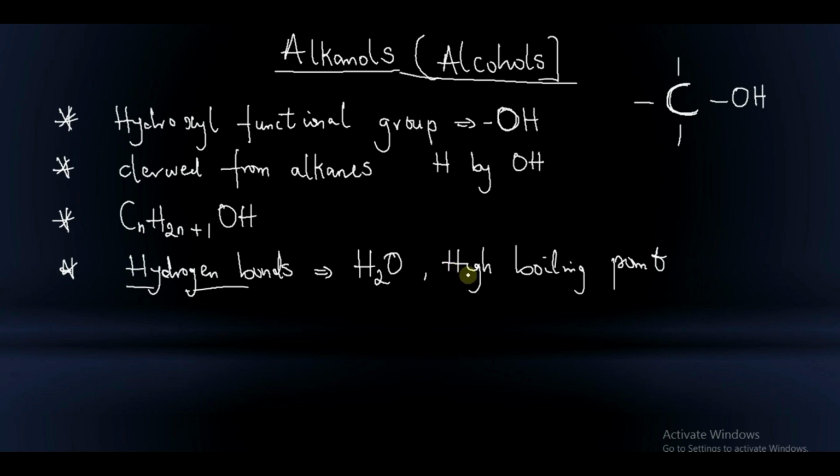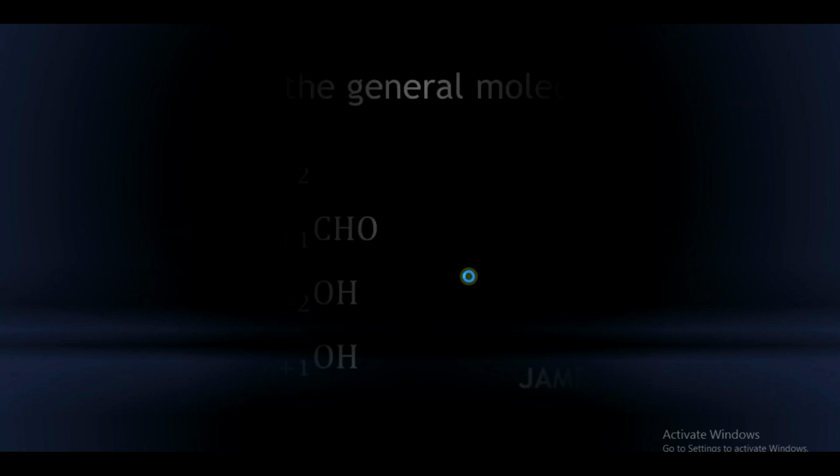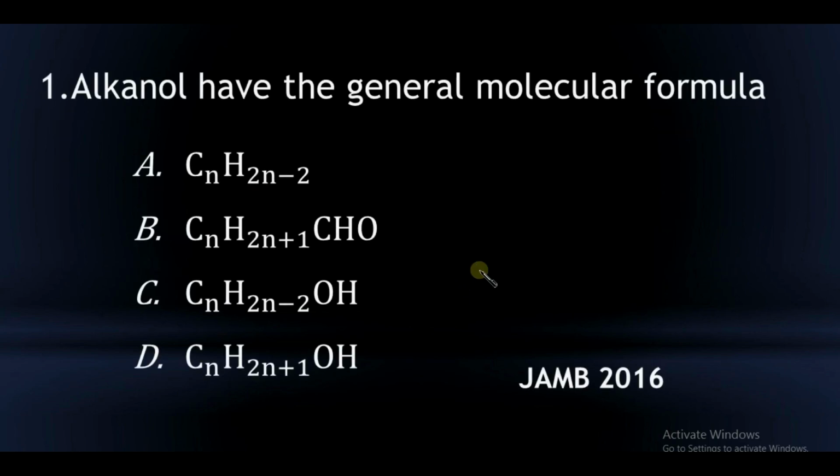So let's look at some JAM questions. This is a JAM question from the year 2006. Alkanols have the general molecular formula: A, CnH2n minus 2; B, CnH2n plus 1 CHO; C, CnH2n minus 2 OH; D, CnH2n plus 1 OH.